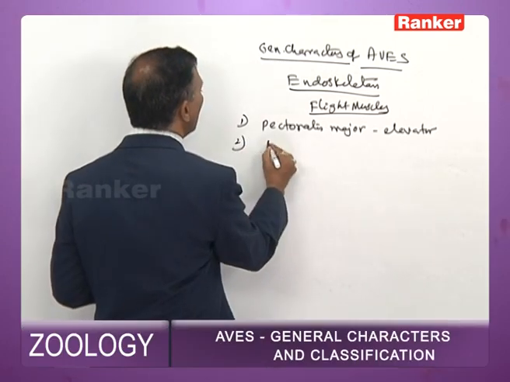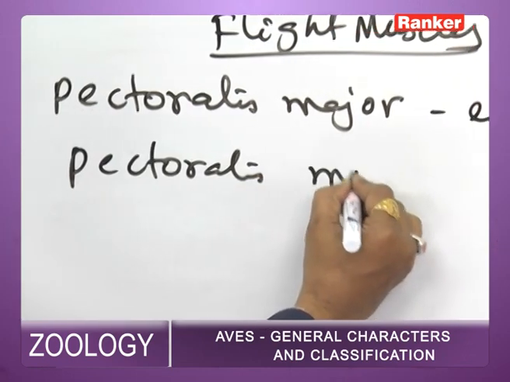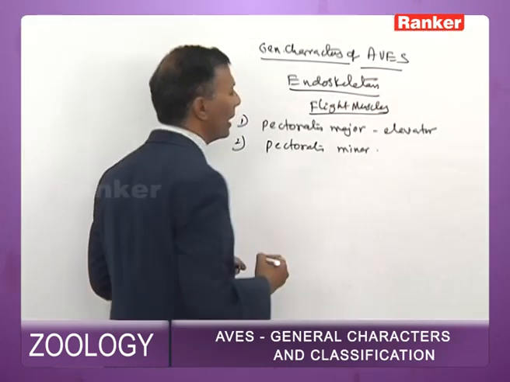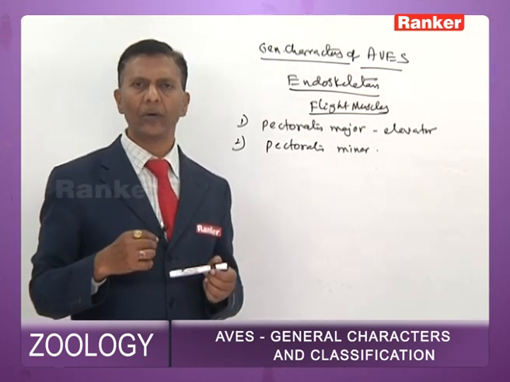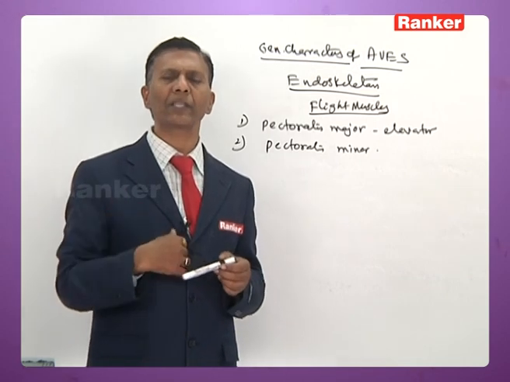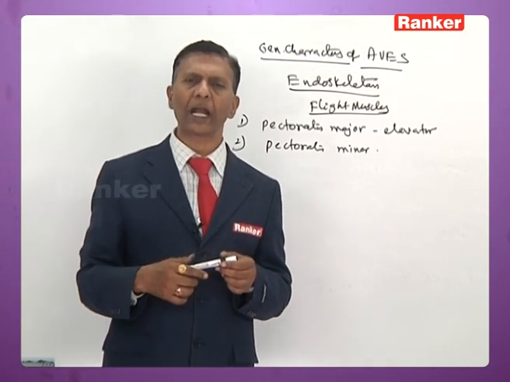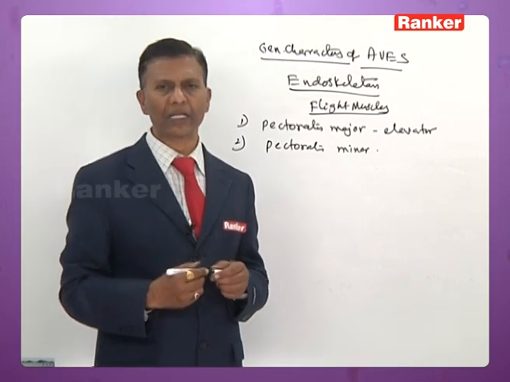Then another muscle, pectoralis minor. It arises from the keel and is attached to the upper surface of the humerus bone. When it contracts, the wings are elevated upwards and the body is depressed downwards.